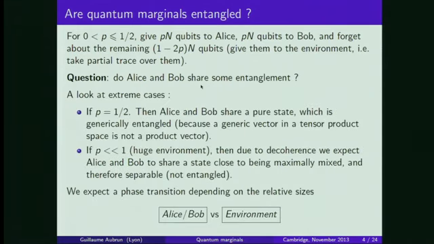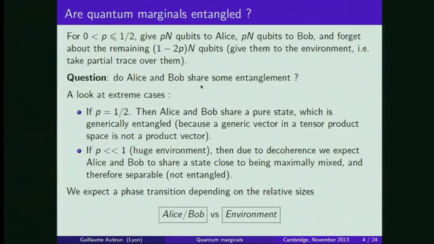Let's first look at extreme cases for this problem. First, if P is equal to 1/2, if you give all the qubits to Alice and Bob, nothing remains, so there is no partial trace, and what Alice and Bob actually share is a pure state. And as we saw this morning, a pure state typically is not a product vector, so typically this pure state will be entangled.